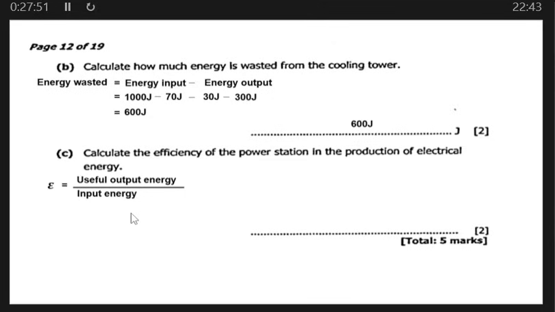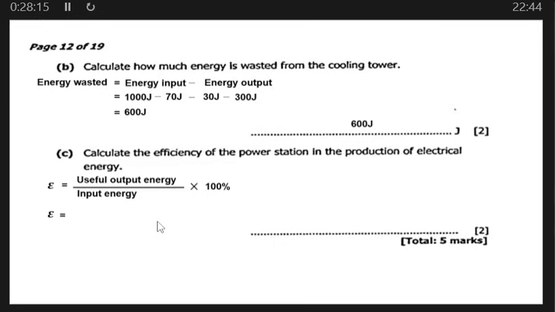Our input energy is the energy which was put in the system. In this case, it is 1000. So here we say times 100%. So we'll say useful output energy, the energy which actually did the work.